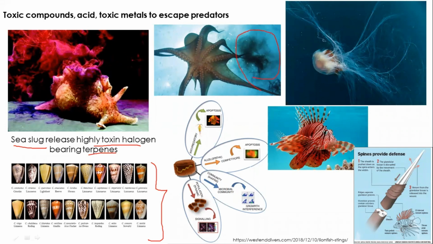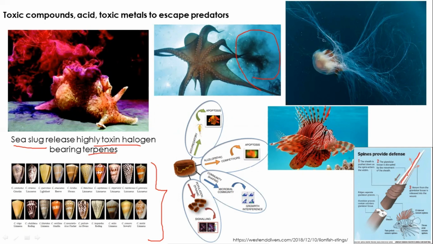So this also helps them to escape the predators. Now you can see here how sharp it is. This is a lionfish, and in each of these projections you have a needle-like spine, and these spines can produce neurotoxins, which can be fatal for the predators.